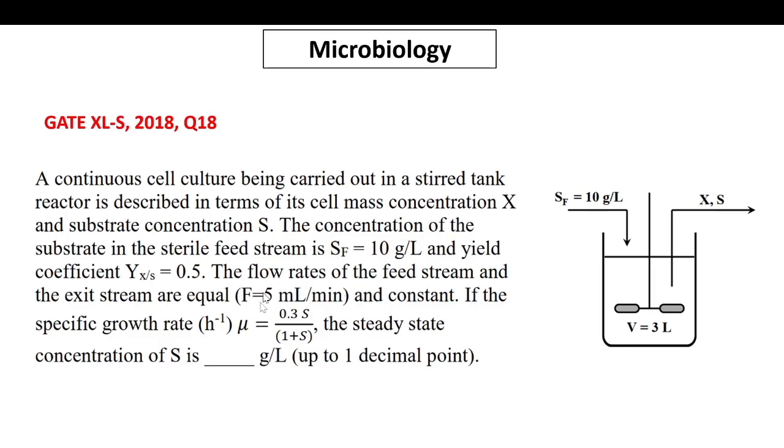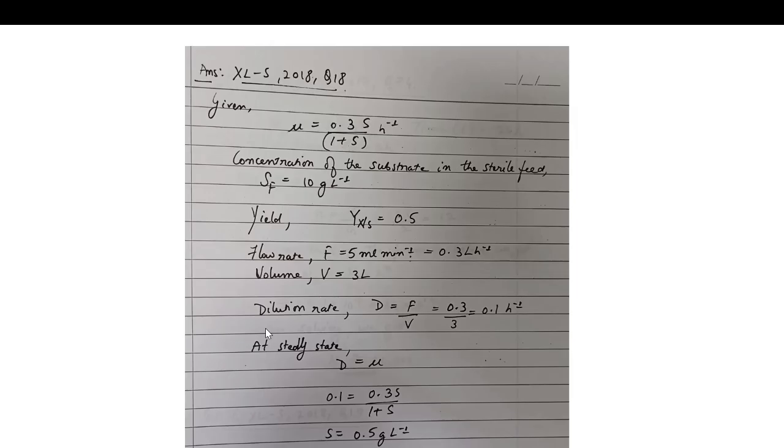So how are we going to solve the question? The mu is equal to 0.3 S divided by 1 plus S, which is already given. This mu is your growth rate, or the instantaneous growth rate or specific growth rate. Now the concentration of the substrate in the sterile feed is already given, that is 10, and the yield is given as 0.5.